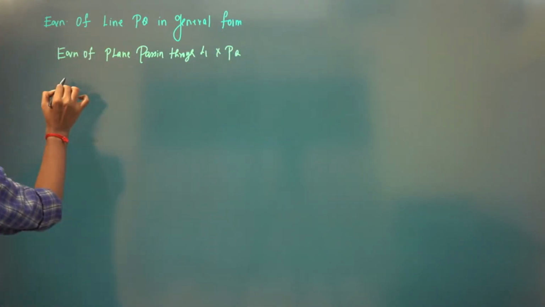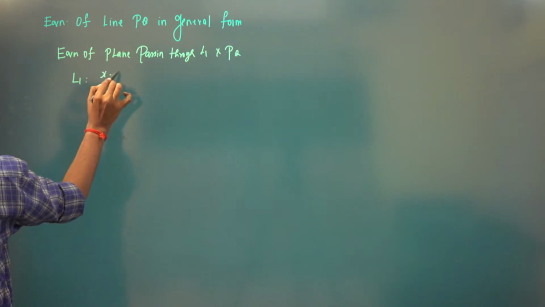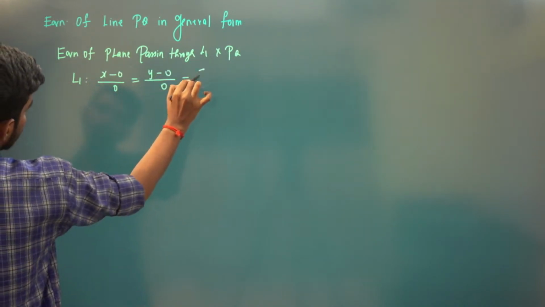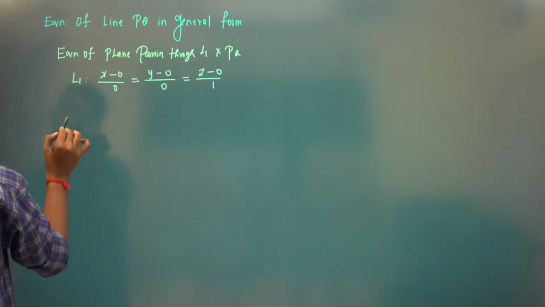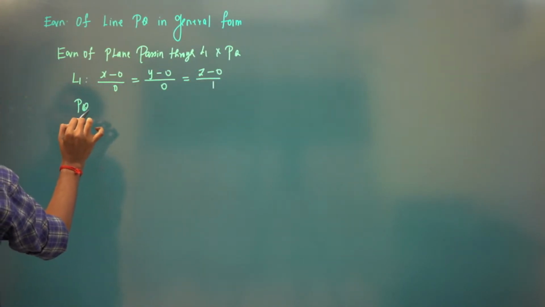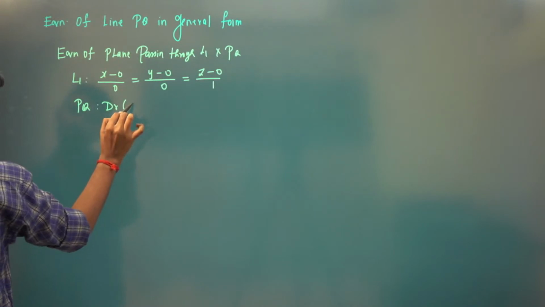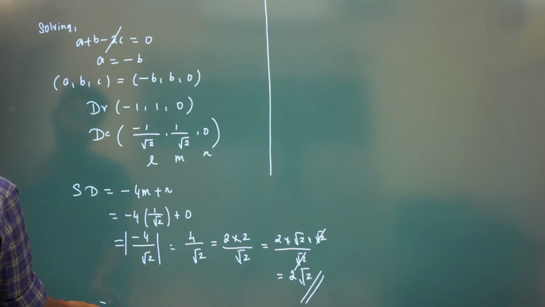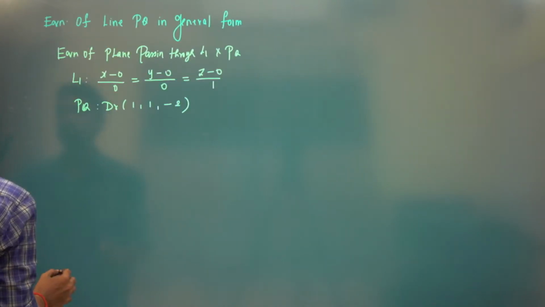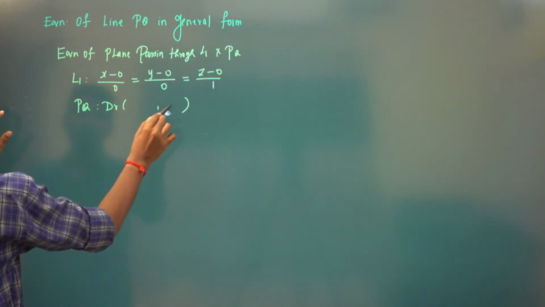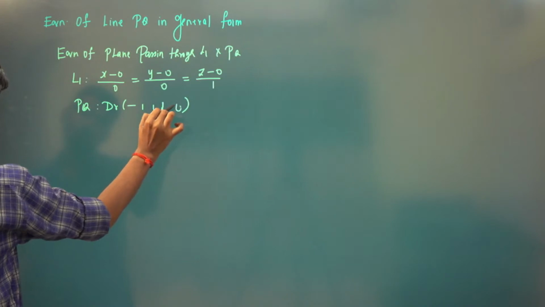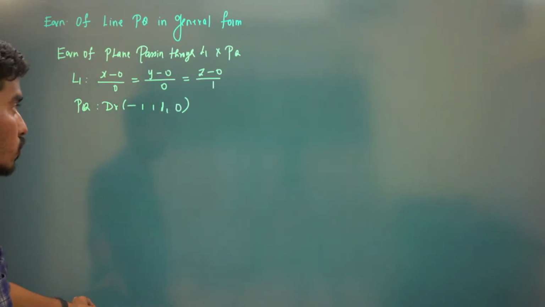So what is L1? L1 is the z axis. And what is the PQ direction ratio? Sorry, minus 1, 1, 0. See, you have to take the direction ratio of PQ, right?